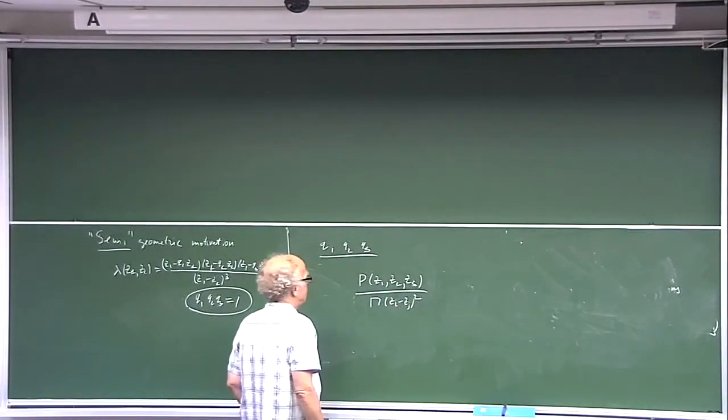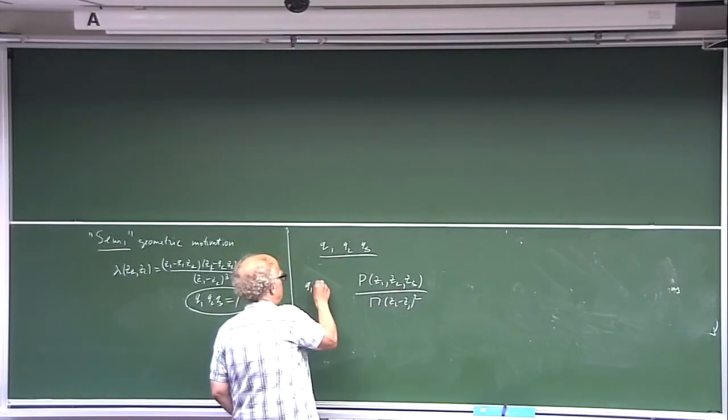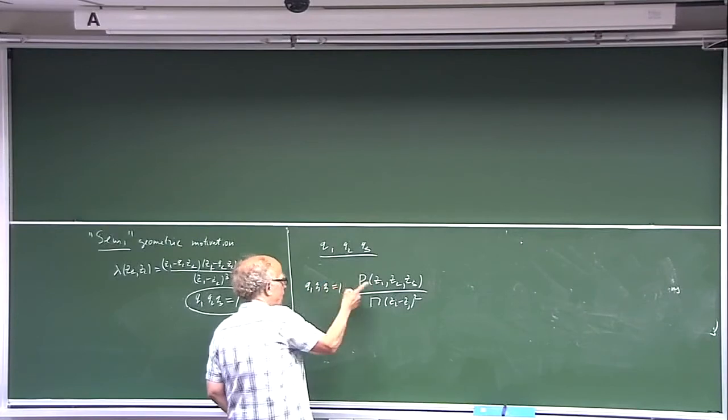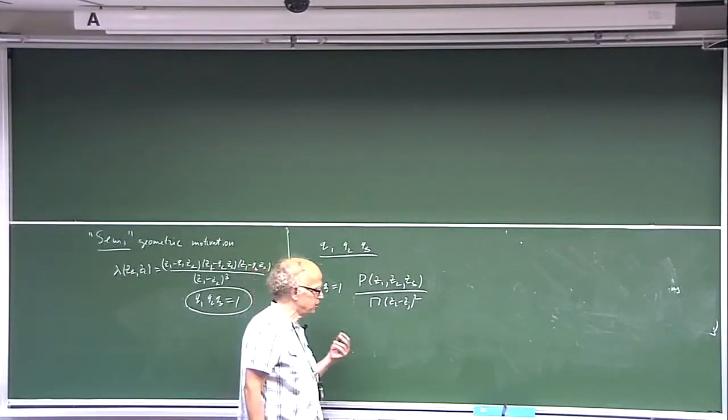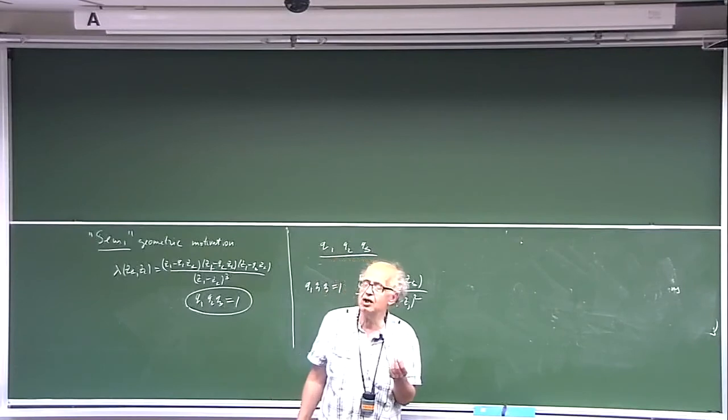But if Q1, Q2, Q3 equal 1, then I explained that this part becomes smaller.